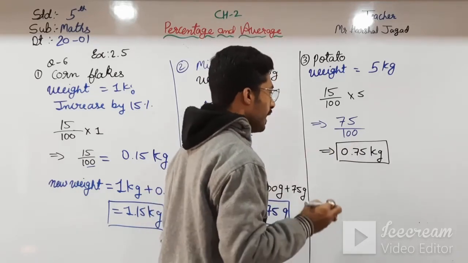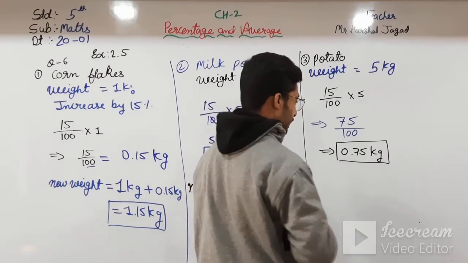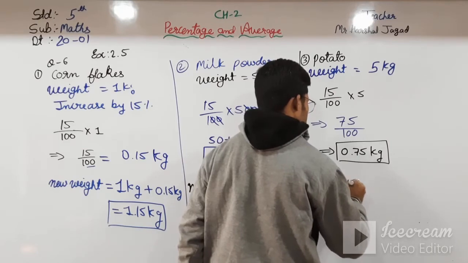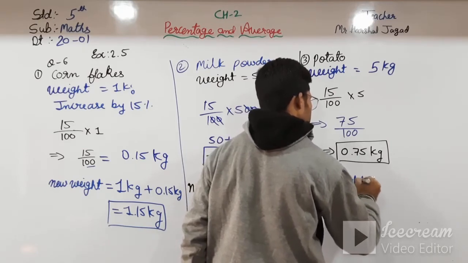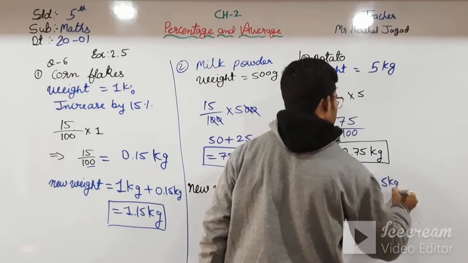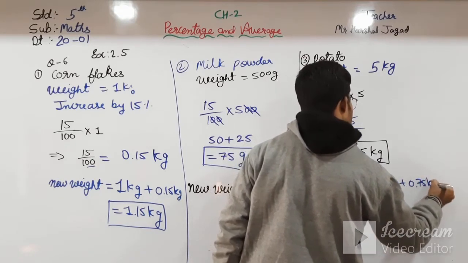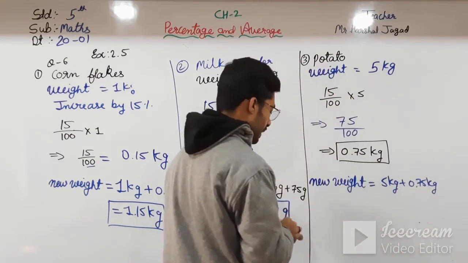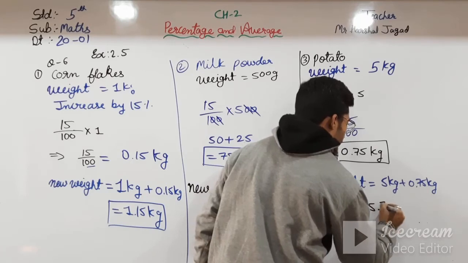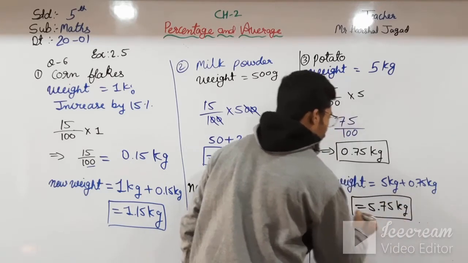Then here we get new weight, which is 5 kg plus 0.75 kg. Then our answer will be 5.75 kg. Please note down this, students.